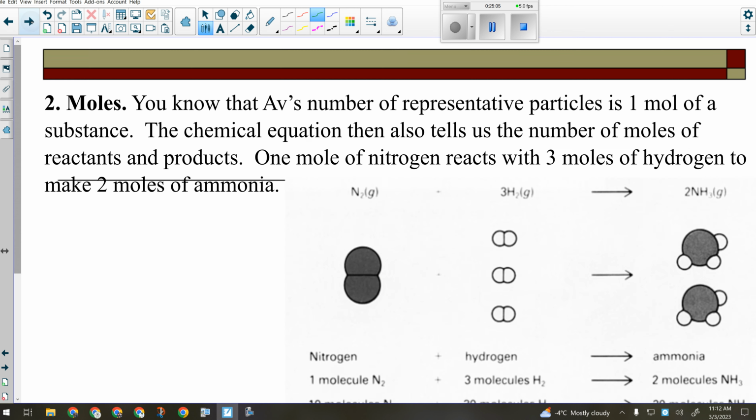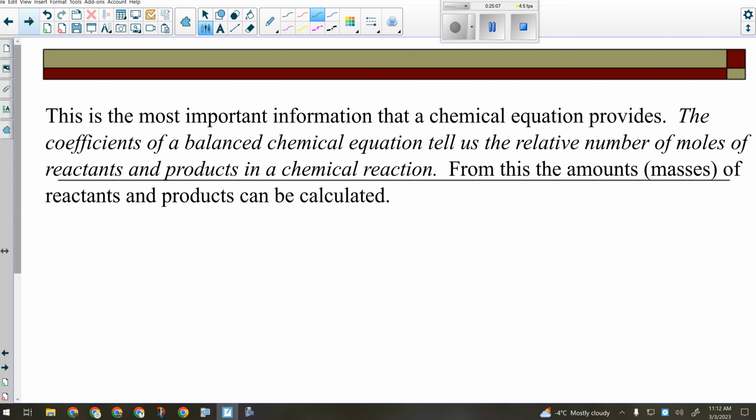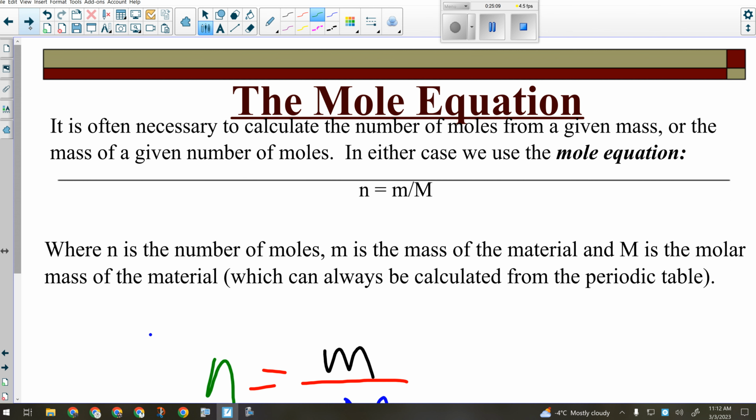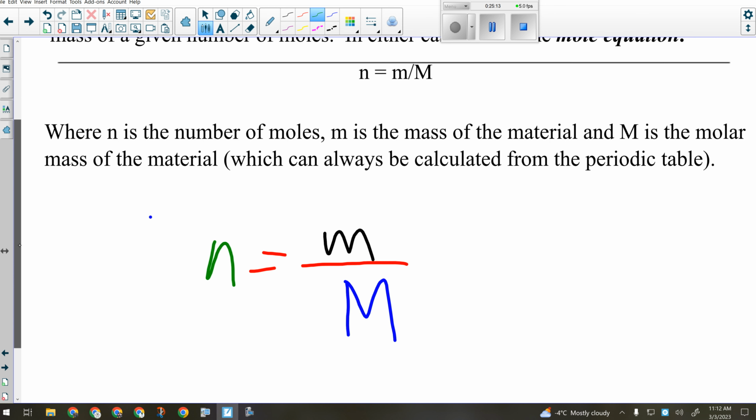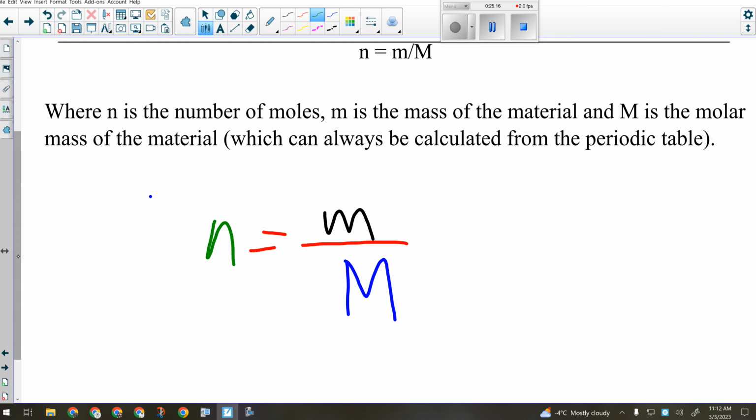So if we're looking at the mole equation, okay, the mole equation goes like this, where n equals little m over big M. Now, n is the number of moles, so it's always going to be in moles.